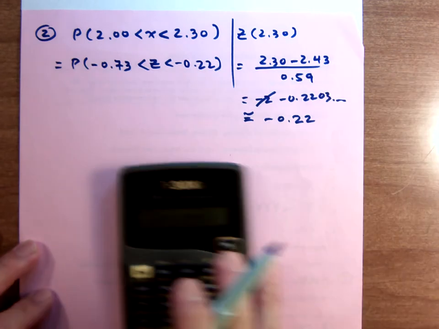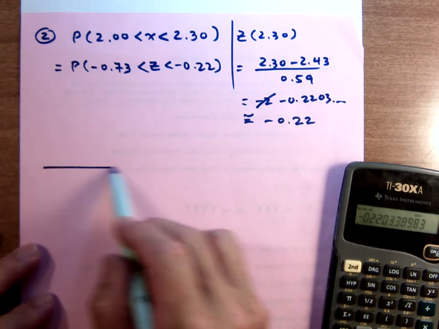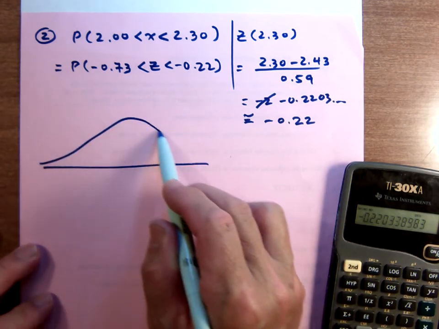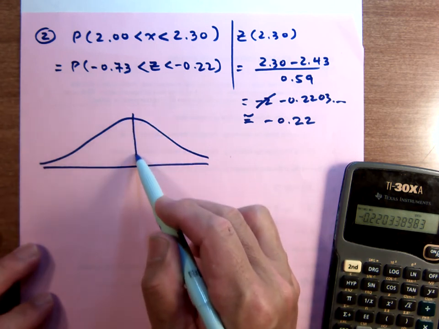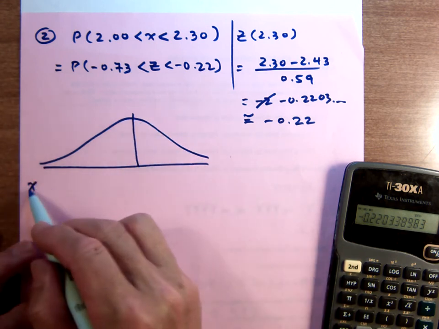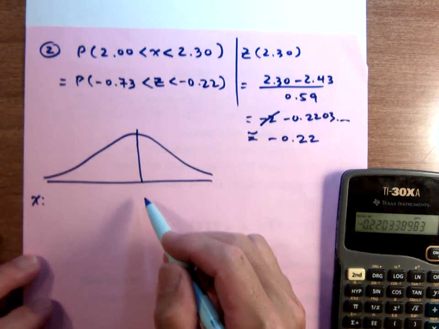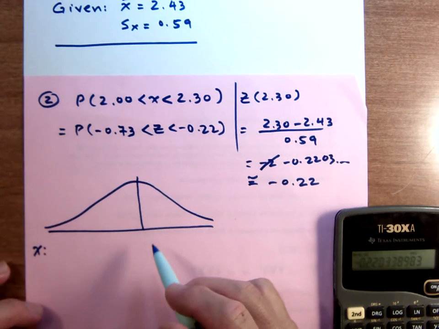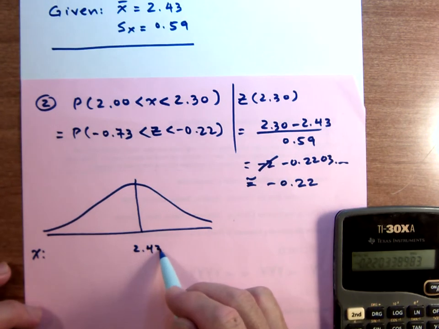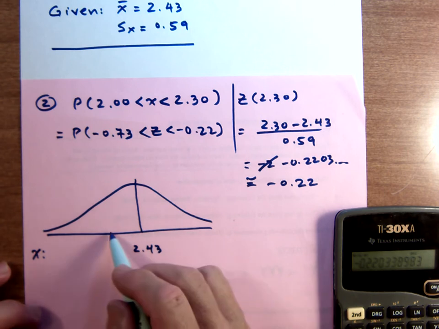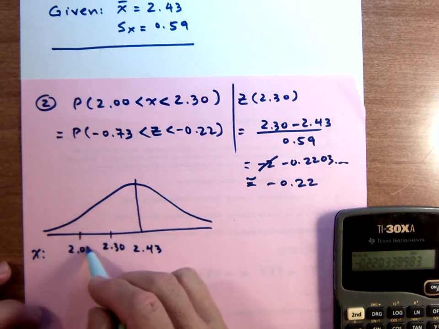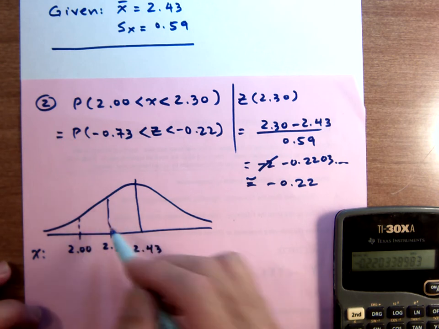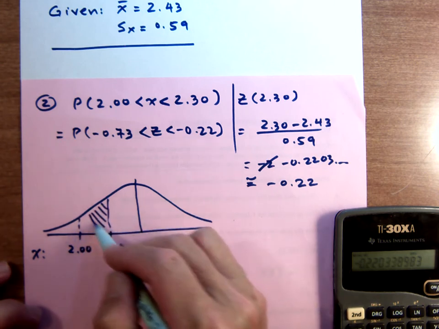Again, if you want to draw a picture, here are my z values. Let's start with the x values. Again, the mean is 2.43, and I have 2.30 and 2.00. The scale is not all that critical.